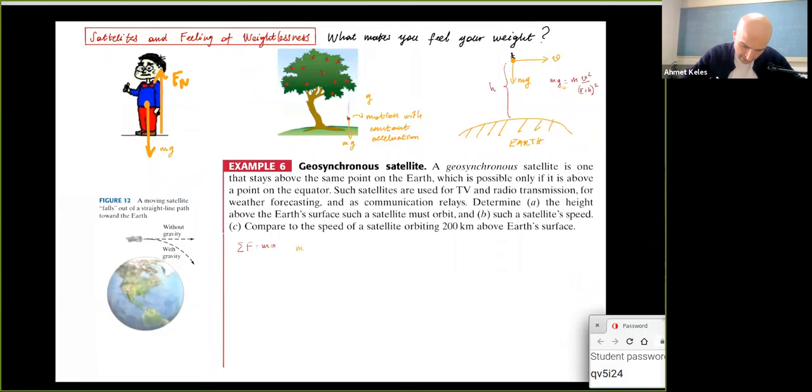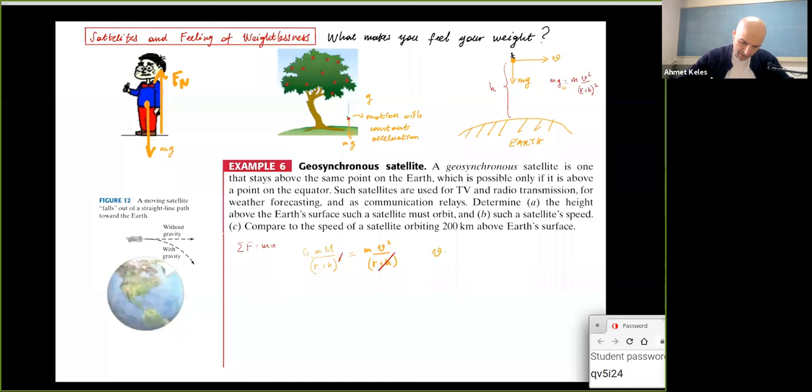So gravitation, G m m divided by radius of Earth plus h squared should be equal to the centripetal force, m v squared over radius of orbit, which is r plus h. So we can cancel these guys.